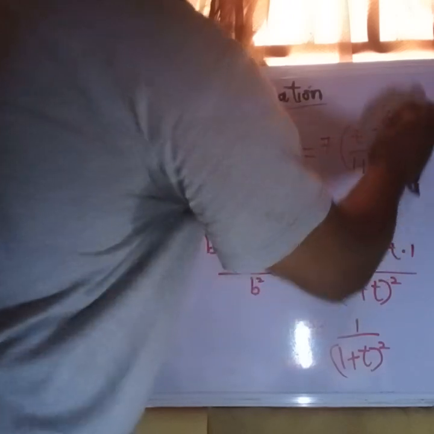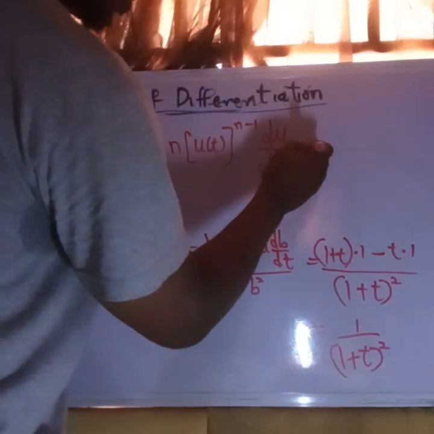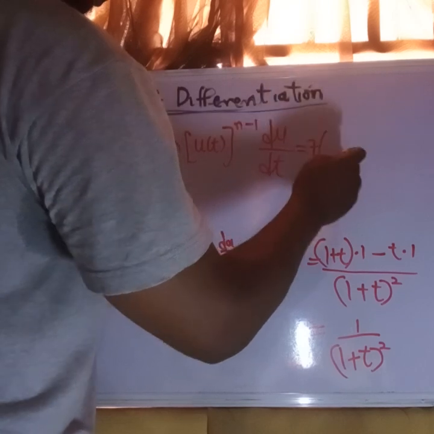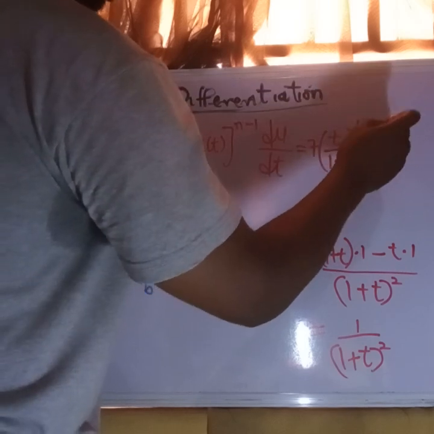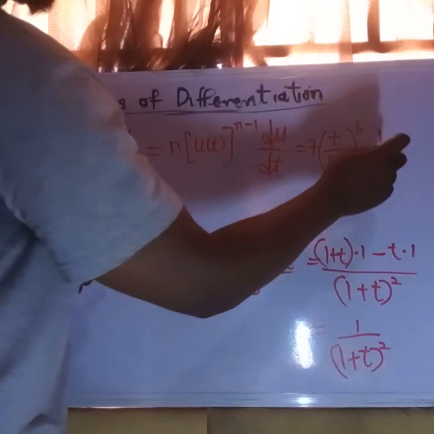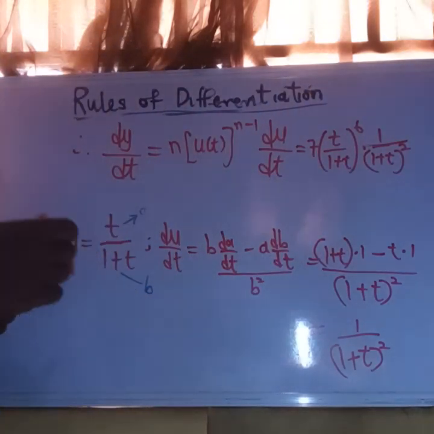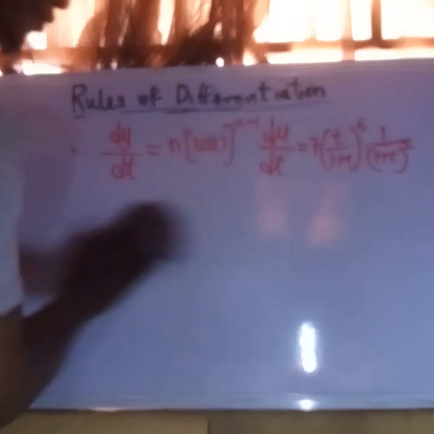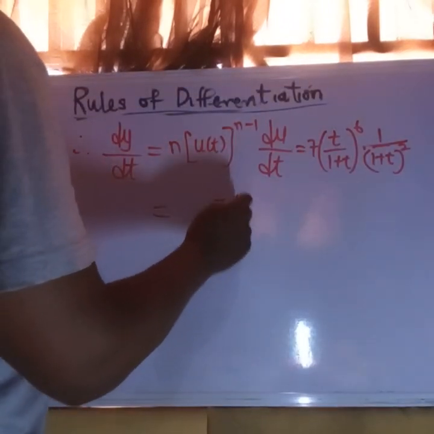So this is equal to 7 times t over 1 plus t to the power of 6, multiplied by 1 over 1 plus t squared. I think this is okay. You can simplify this further to have a more compact form. If you apply the law of indices here, we see that this is 7t to the power 6.